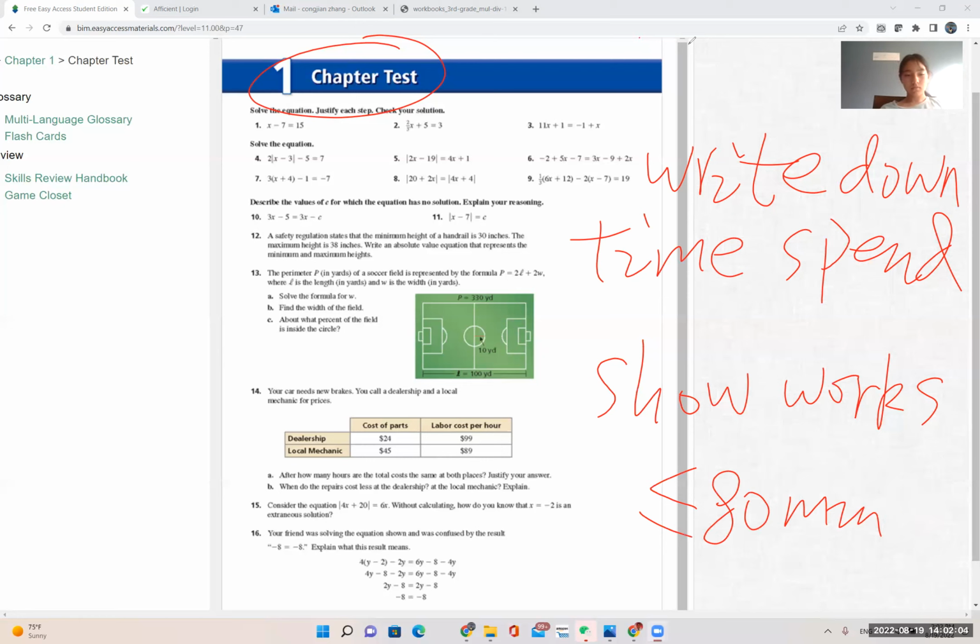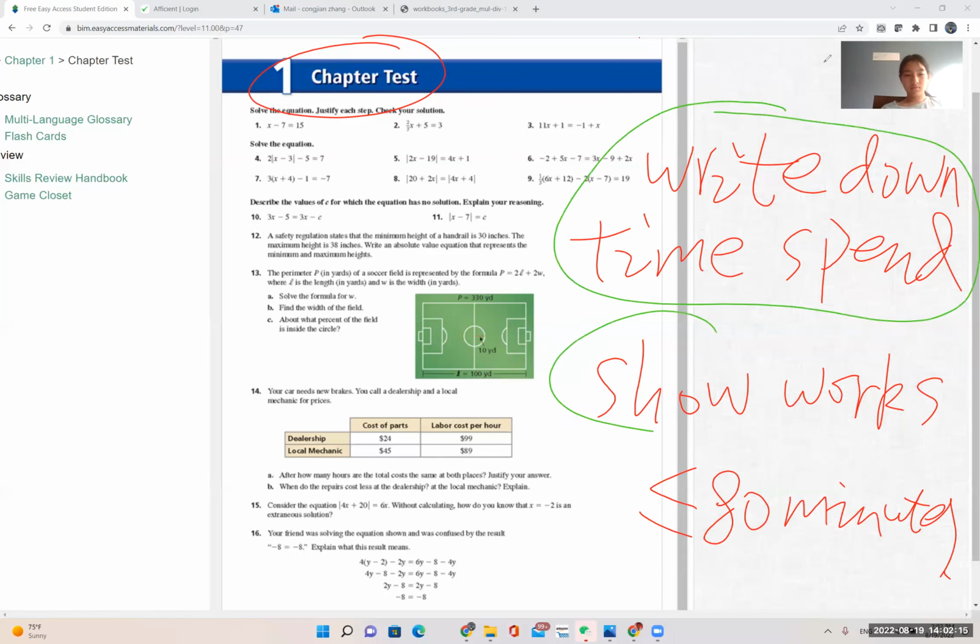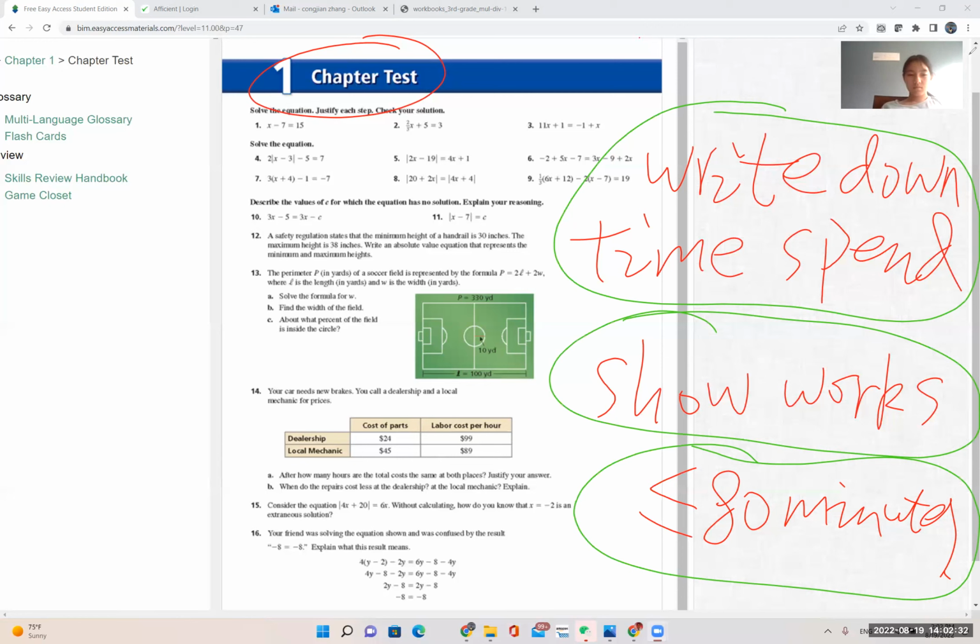So 3 requirements: time spent, show work, time within 80 minutes. Means after 80 minutes, whether you get it done or not, stop. Okay? Let's try in this way. Please screenshot, then we can finish this class.